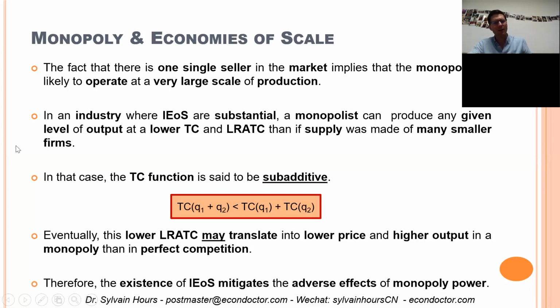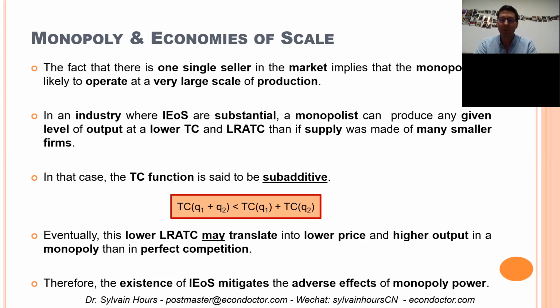So we say, yes, a monopoly is not good for consumers because they charge a price that is too high. They produce a quantity that is too low. And therefore this leads to a deadweight loss. Okay, we do not maximize total surplus. Yes, this is true. But remember, when we compare perfect competition and monopoly, we make one very important assumption.